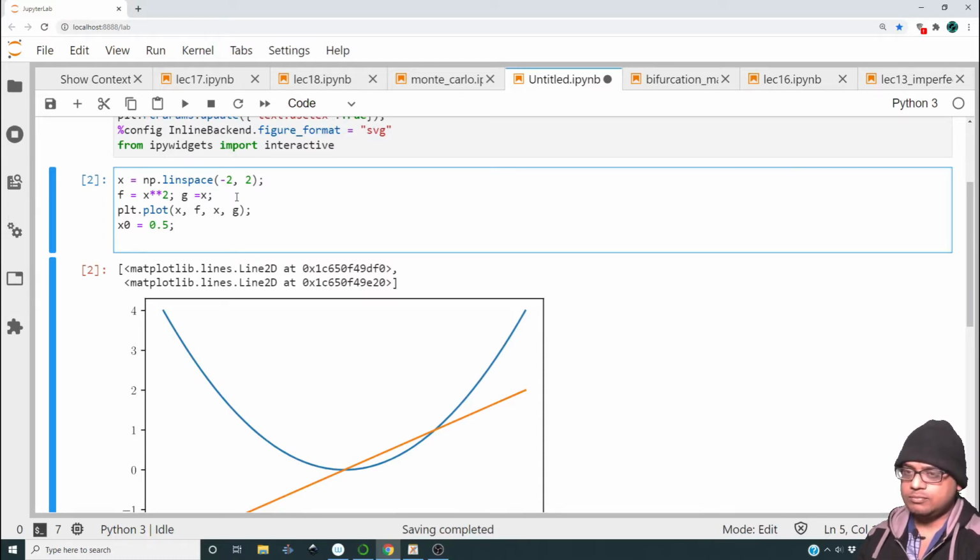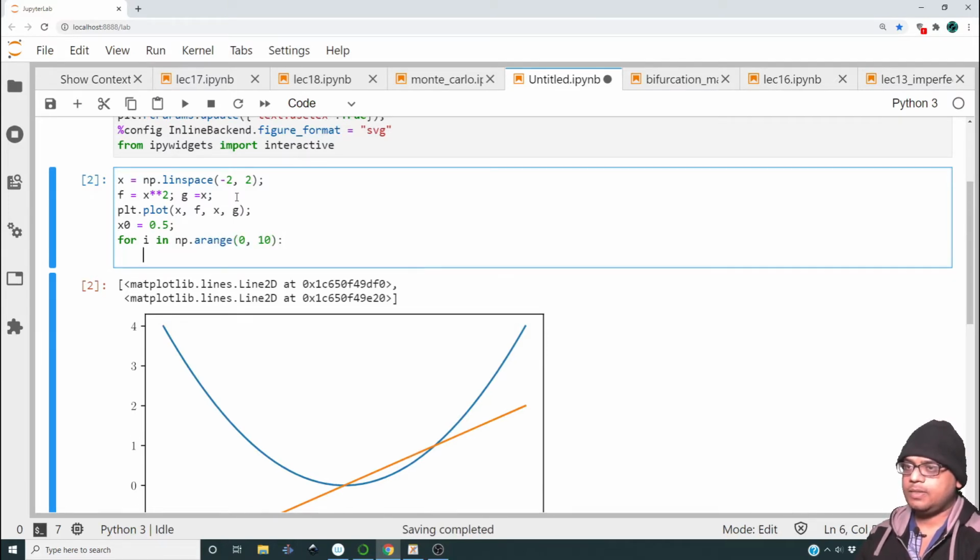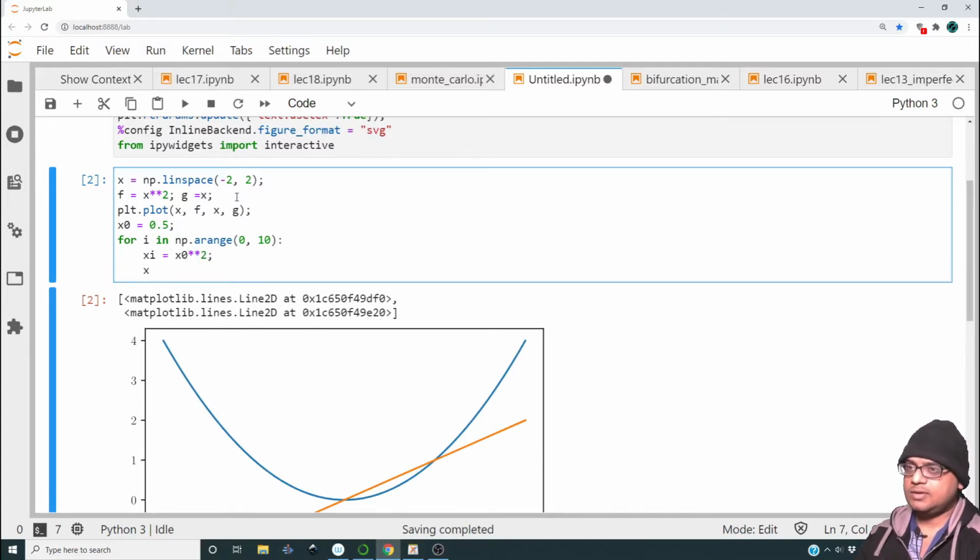So let us do 10 iterations, for i in np dot arange 0 to 10. x iterate is equal to x naught squared, and then we will assign x naught as x iterate, and just after this we'll print the value of i, and so the iteration number, and we will print out the value of the present iterate, or x simply.